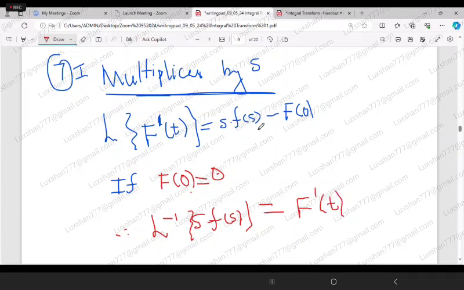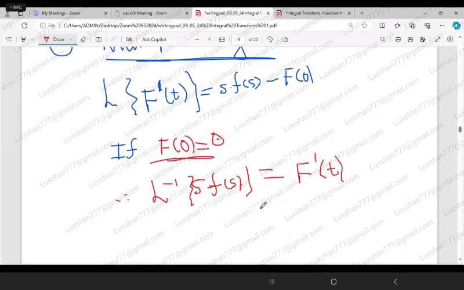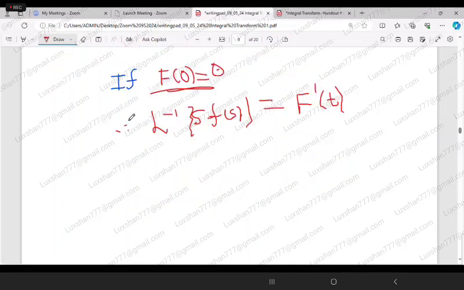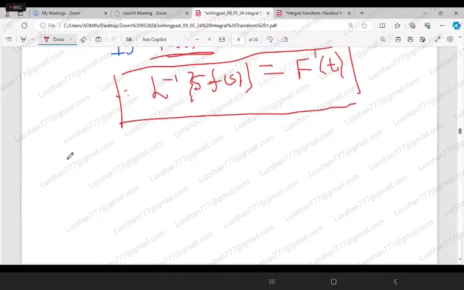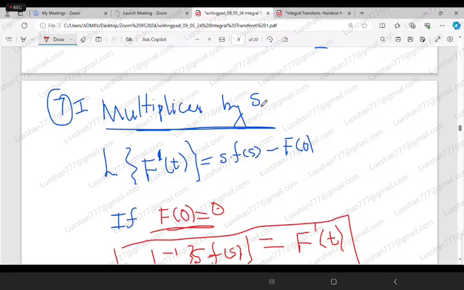So this is true if F(0) equals 0. Otherwise, you cannot write this. So you have to be careful with that. So this is the multiplication by s to the power 1.